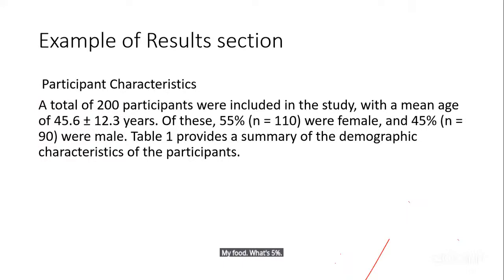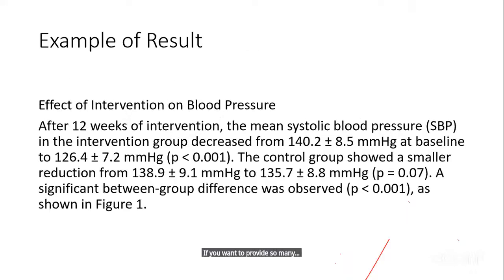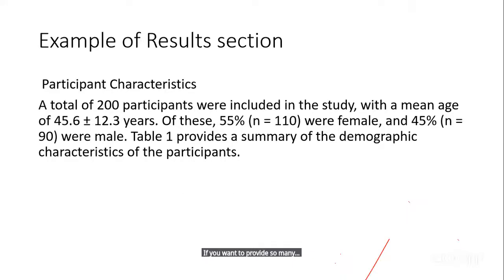Table 1 provides a summary of the demographic characteristics of the participants. Okay. So this table will follow it, with the explanation on that table. This is how to describe it.